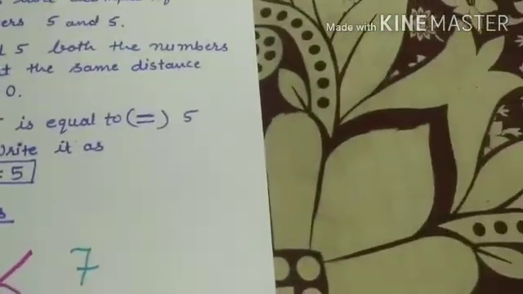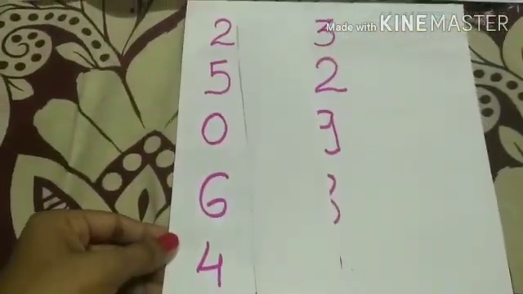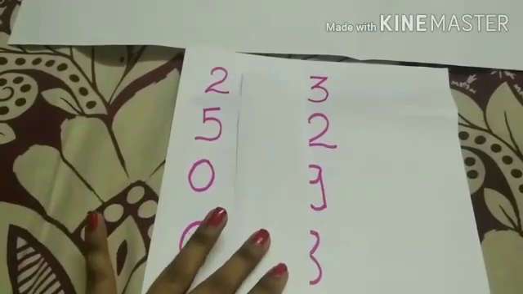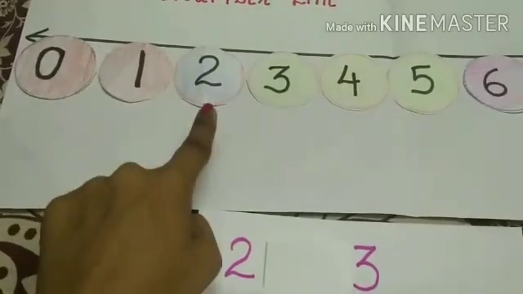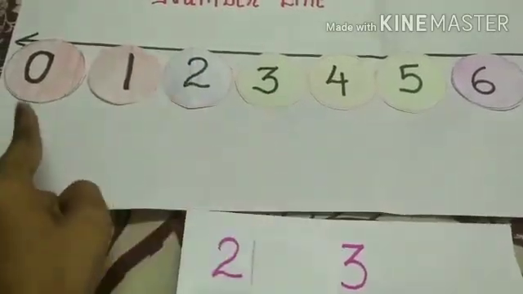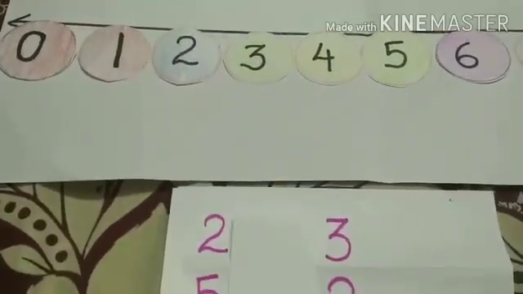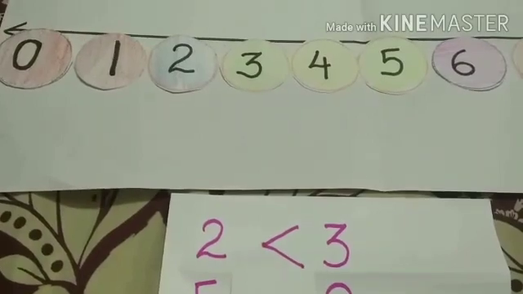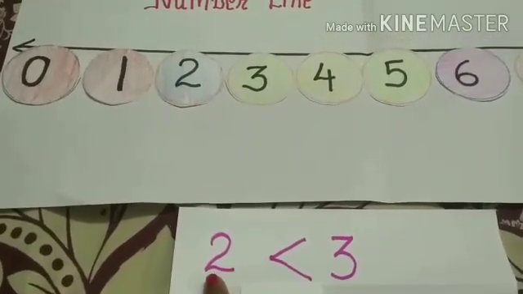Now let us take more examples to clear the concept. 2 and 3. 2 is near to 0 and 3 is far away from 0. So which sign will we put? Less than. As you know, 2 is smaller than 3.